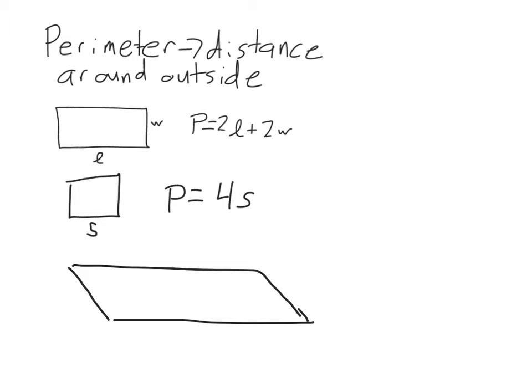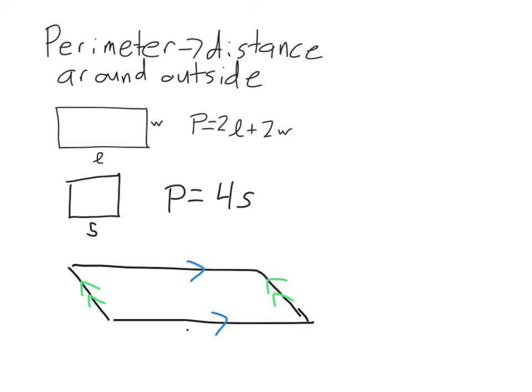What does parallel mean? Two lines that never intersect, that have the same slope, if you talked about slope last year, right? Those are parallel lines. So a parallelogram has opposite sides that are parallel. You agree those are parallel? Uh-huh. Do you agree those are parallel? Uh-huh. So that's a parallelogram.